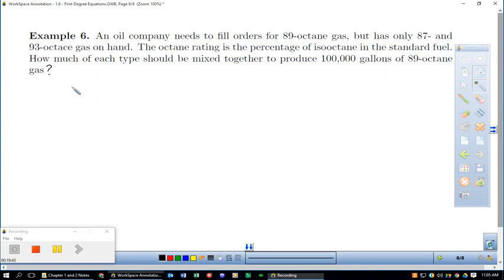Okay, so far we can see there's 3 types of gasoline. So let's actually start from there. We have our type. That's 87, 93, and we're mixing that to make 89. Now how much of each of these do we have?